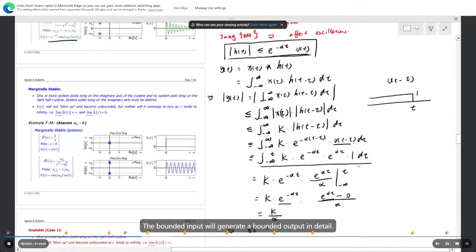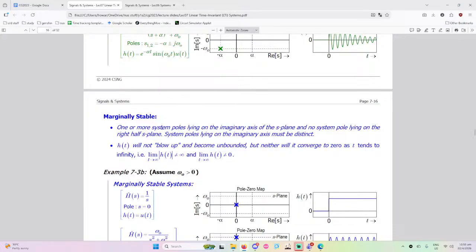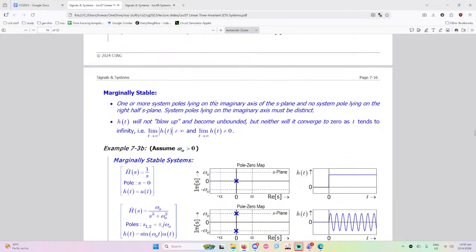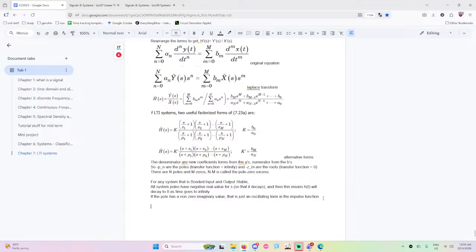So we have proved that the bounded input will generate a bounded output. Any questions for the BIBO stable systems?